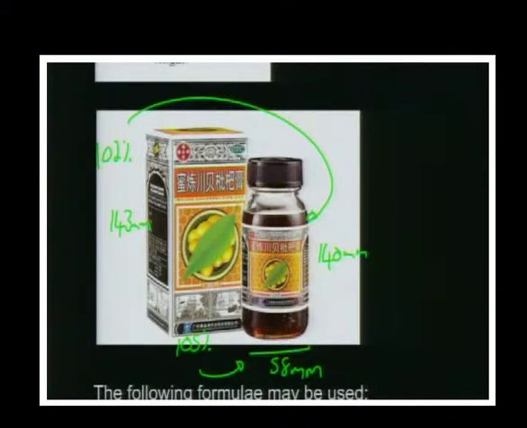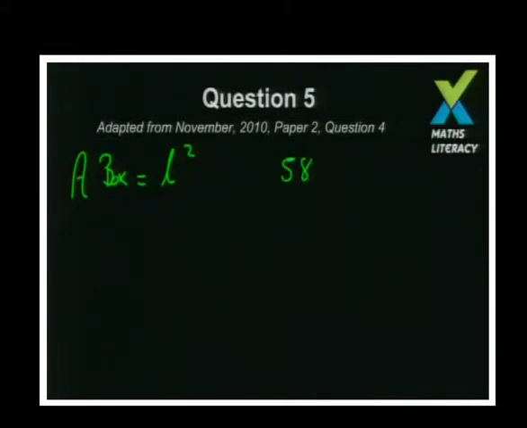We've got a problem, and our problem is we're not told how long that box is. But what we are told is it has to be 105% of the diameter of the bottle, and the bottle is 58 millimeters. So the length, we are going to say we've got 58 millimeters, and the box is 105%. So the box, 105 over 100.